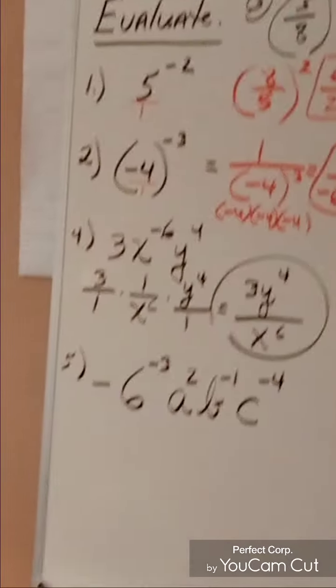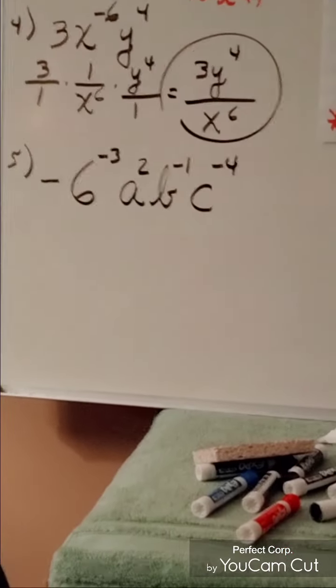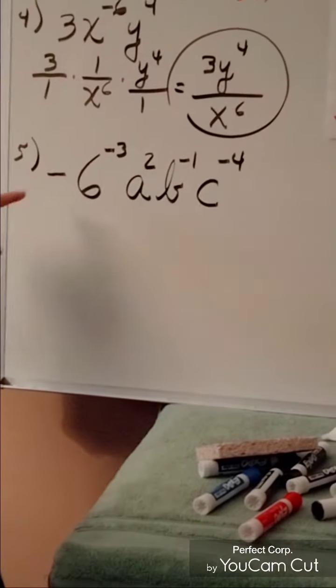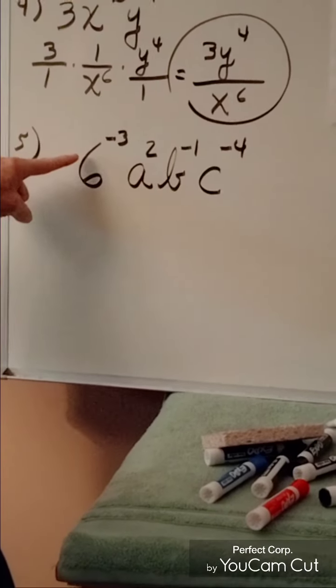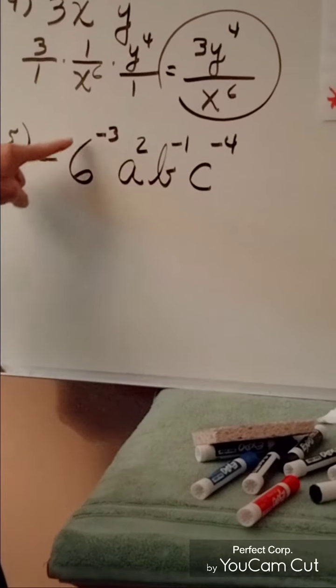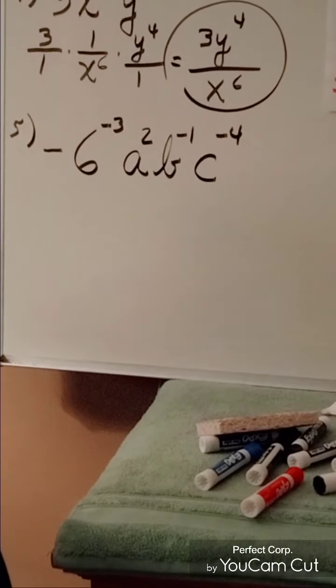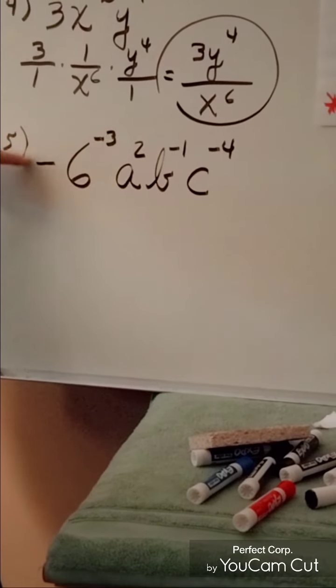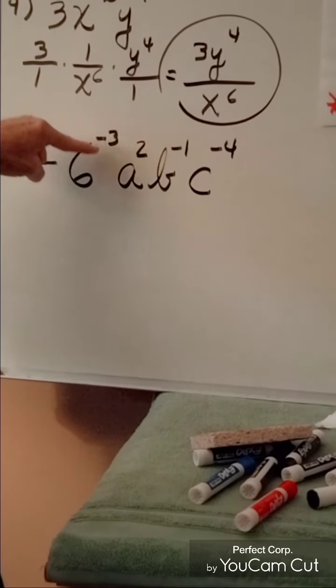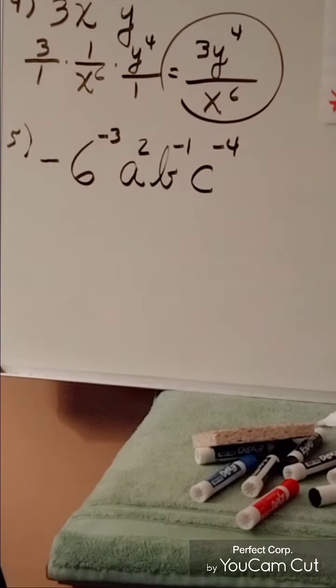Number 5. Be careful. That negative sign is not affiliated with this base. The only way that negative sign would be a part of that base is if that negative, along with the 6, were tucked inside of a house.